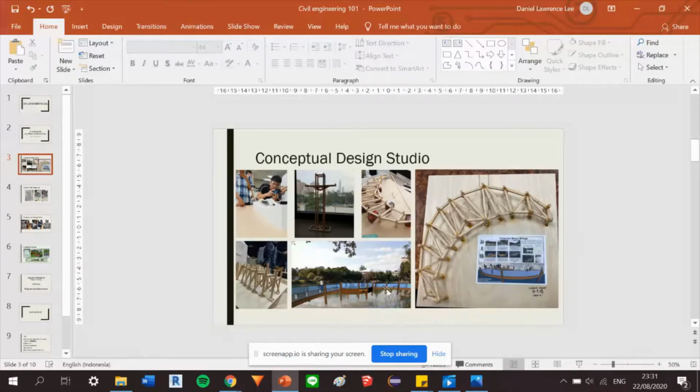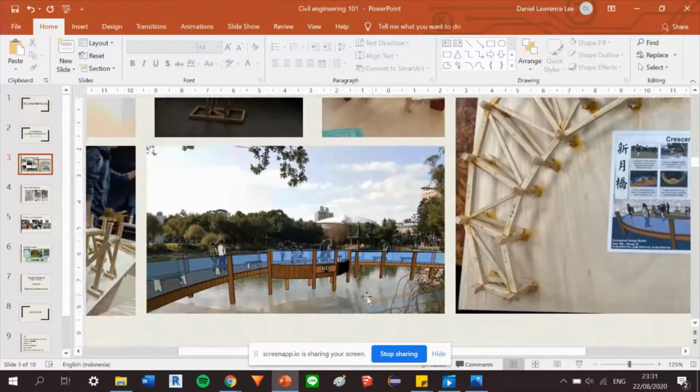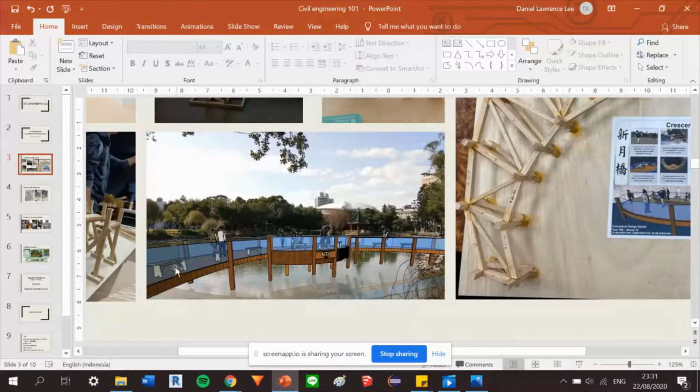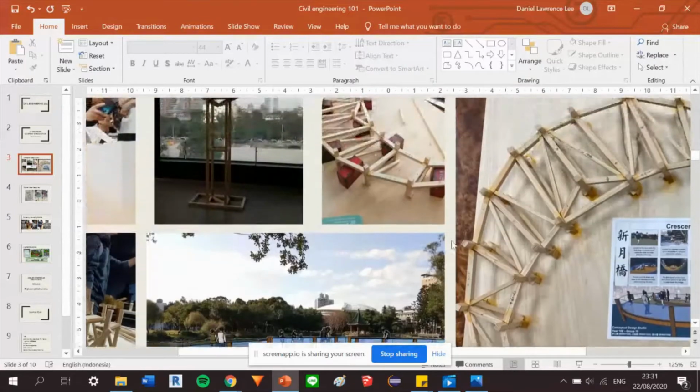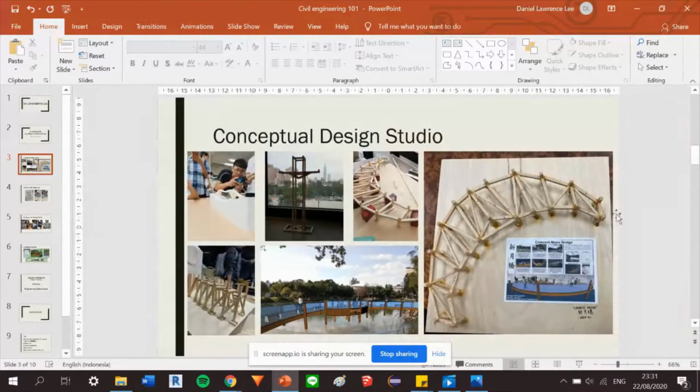Here, the bridge we imagined is actually on a lake in NTU itself. And in designing things like this, we also need to consider the forces and a lot of other things. Those are the things that you are going to study in Conceptual Design Studio, like how to make things using these wood materials and that kind of stuff.